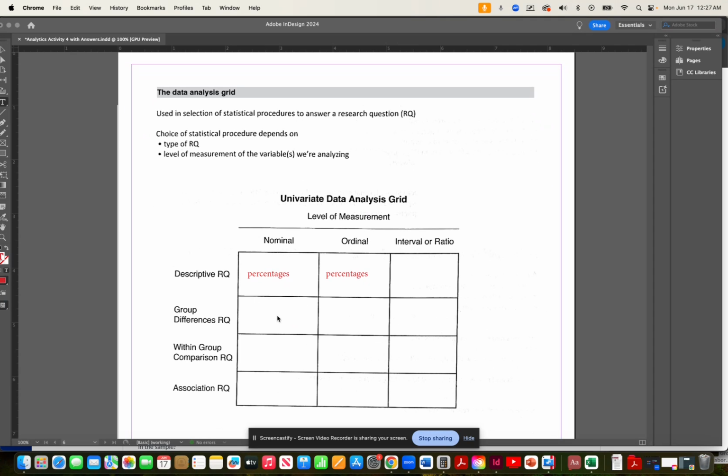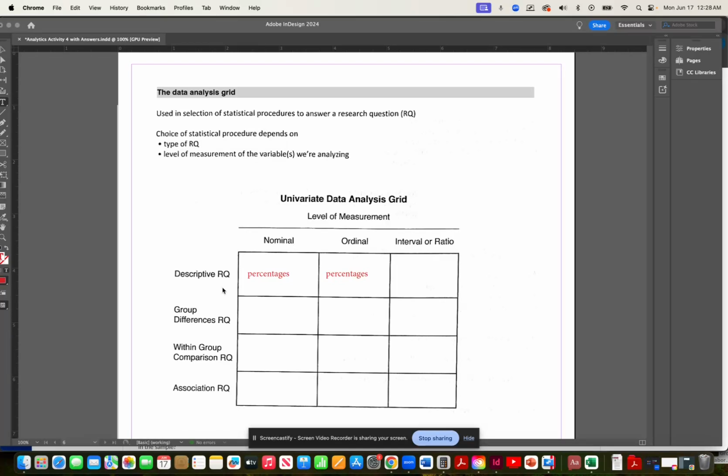Well, so far we've done 2 different examples from 2 different types of levels of measurement. When it came to nominal variables, and when we had descriptive type research questions, which, these different ones here, we'll talk more about the types of research questions later, but I'll tell you now that the examples we've done so far are descriptive types of research questions.